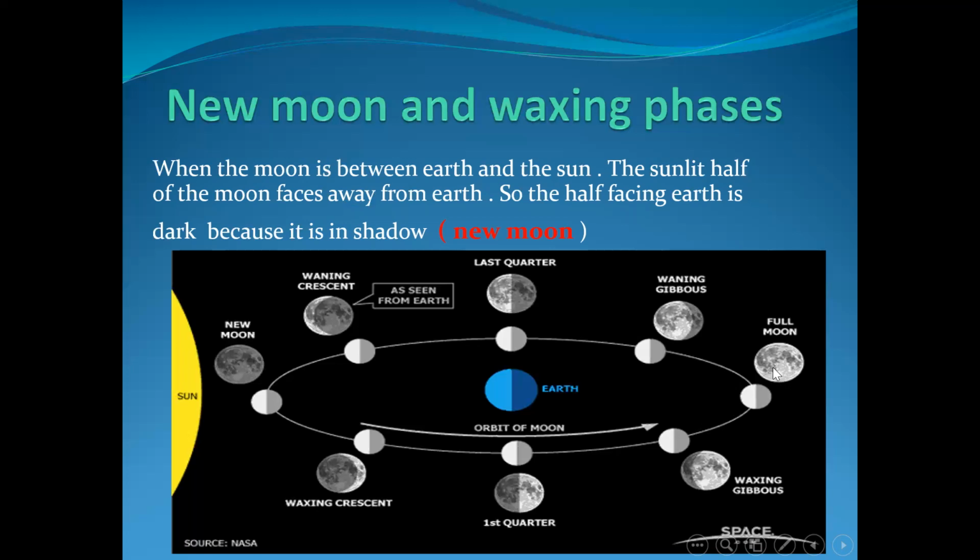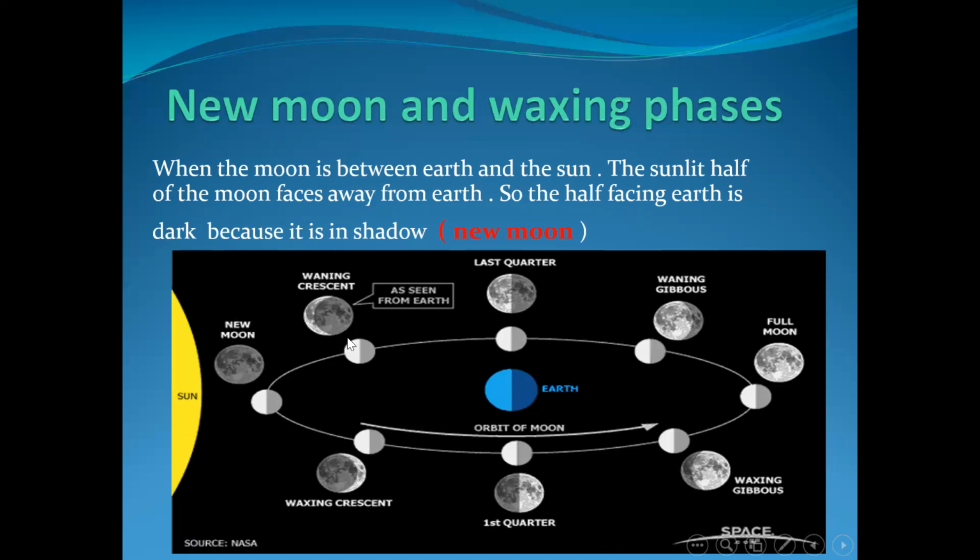After the moon moves, you will see from Earth that some part of the full moon is missing in the shadow. So this one is called waning gibbous. Then the last quarter, a half circle.